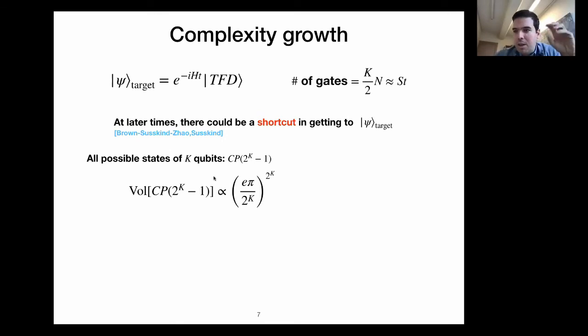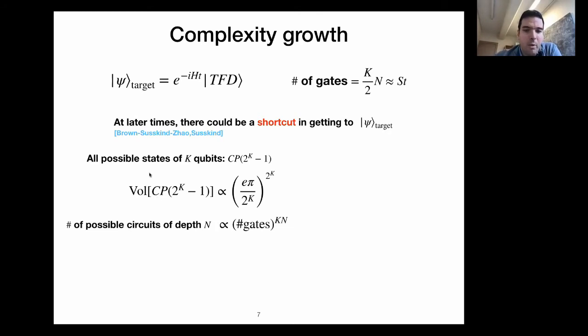And in this case, the number of states is roughly the volume of the Hilbert space, but now not the Hilbert space, but the space of physical states, which is projective space. So for k qubits, it will be CP^(2^k - 1). So when k is large, the volume of this space scales in this double exponential manner.